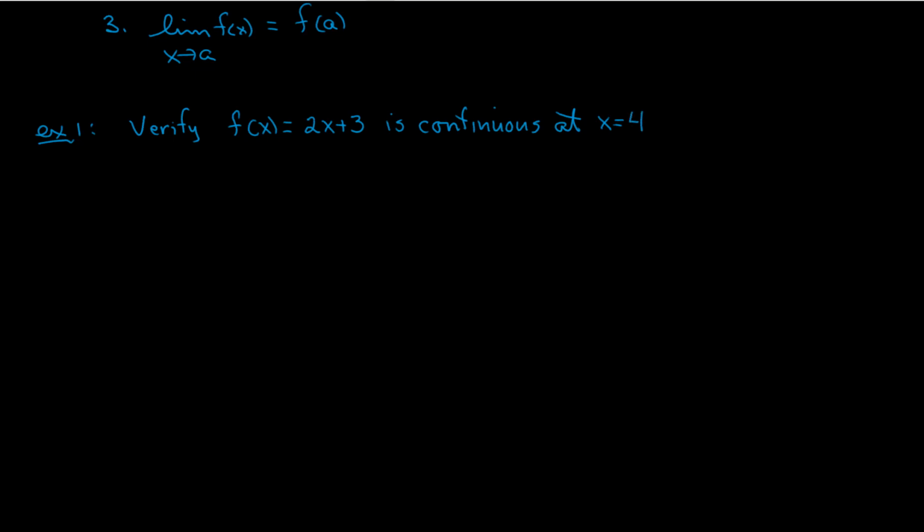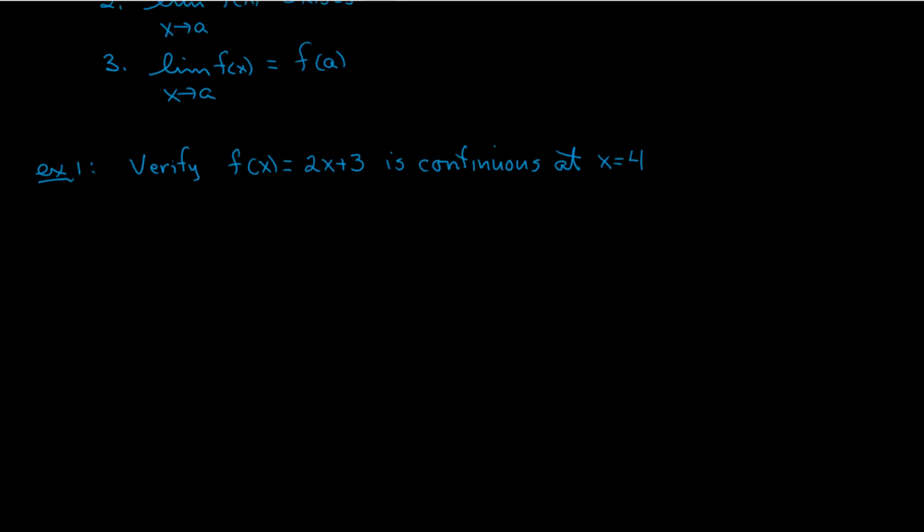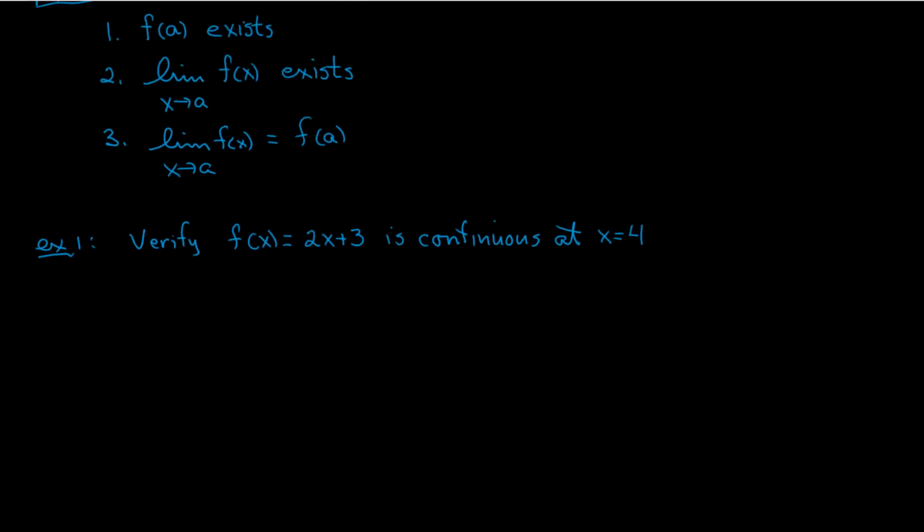Well, first off, before we even get started on this, let's think about what we're working with. This particular function is a line. So we know before we even get started, this thing is continuous anywhere. So it should come as no surprise when we finish this off that it's actually continuous. But let's use this as a first example to go through the 3 steps in the process of verifying that a function is continuous or proving that a function is not continuous.